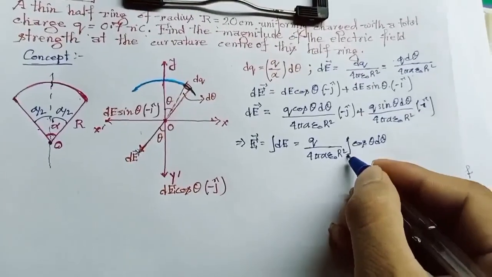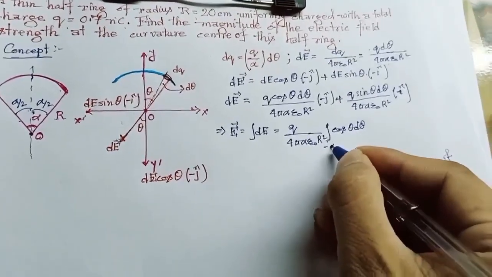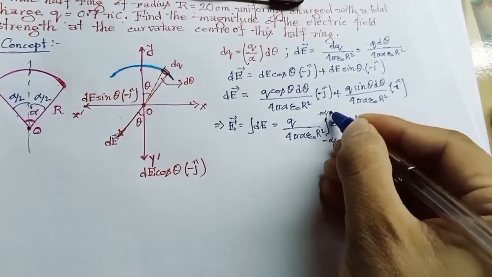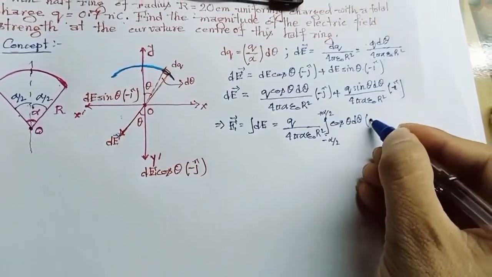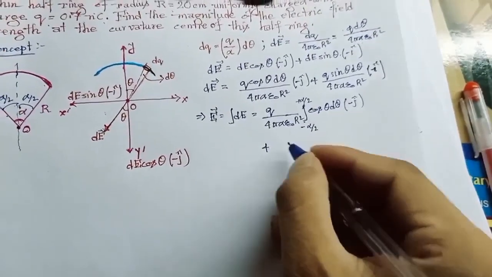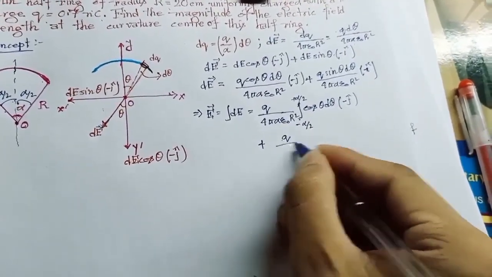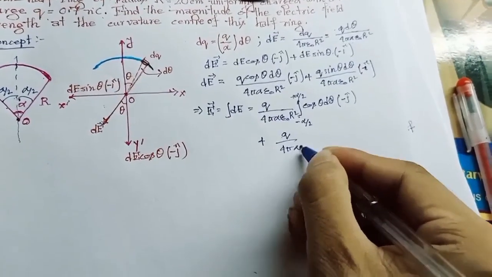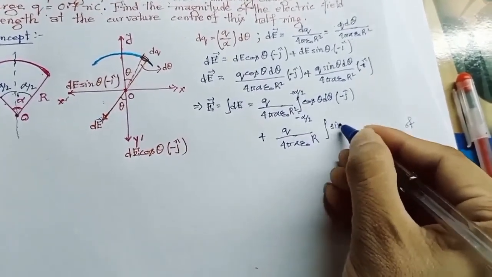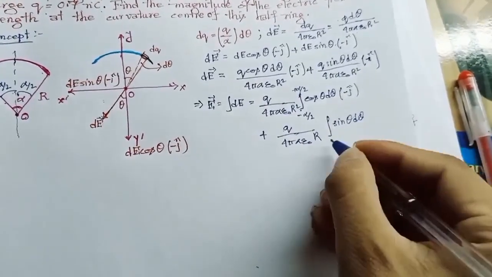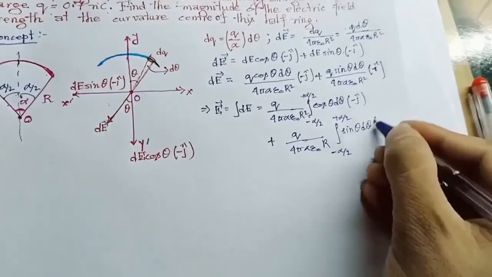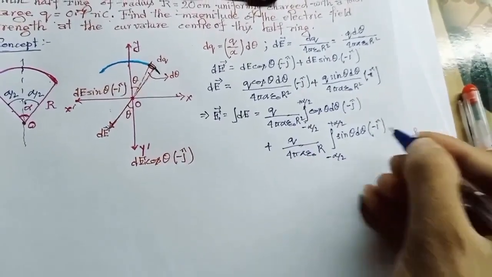So we can take the limits of this integration as the lower limit minus alpha divided by 2 and the upper limit plus alpha divided by 2, and its direction is minus j cap. For the other component, the vector will be q divided by 4 pi alpha epsilon naught r square into the integration of sine theta d theta, and its limits are again minus alpha divided by 2 to plus alpha divided by 2, and its direction is i cap.